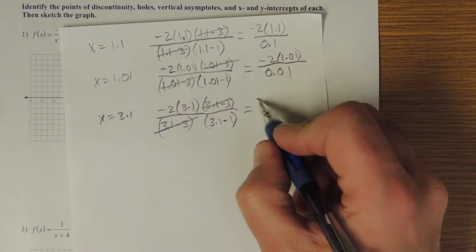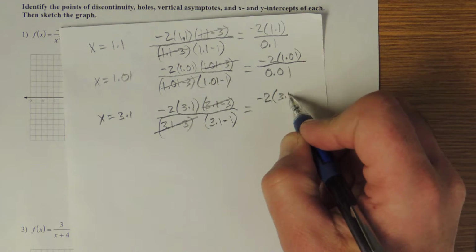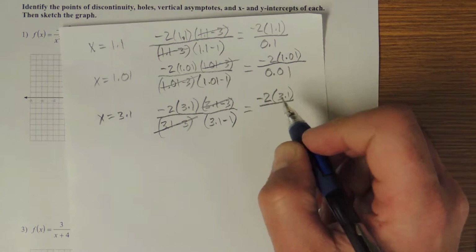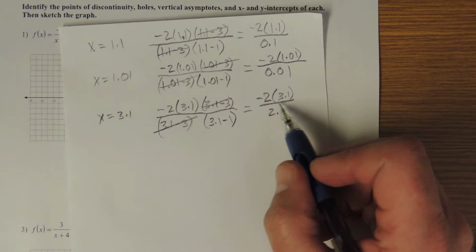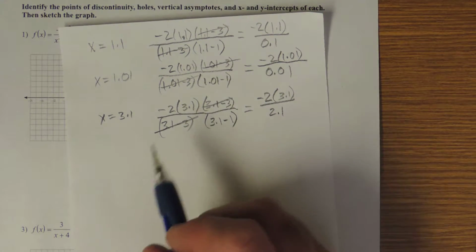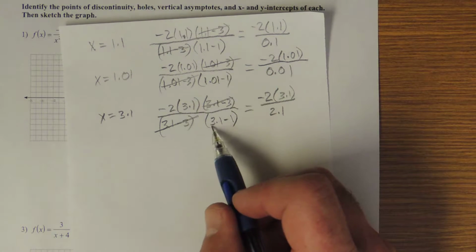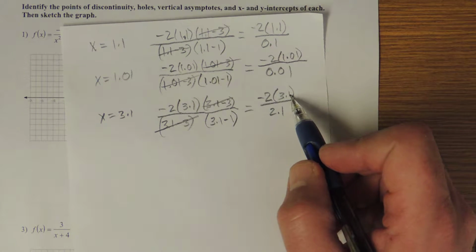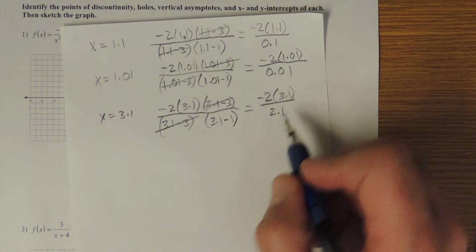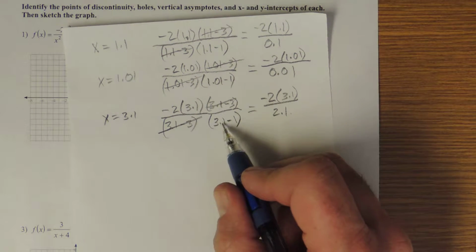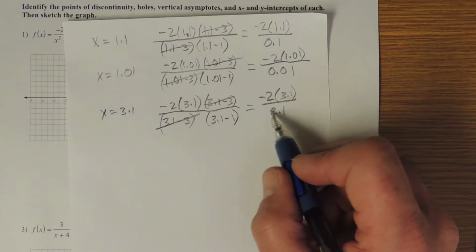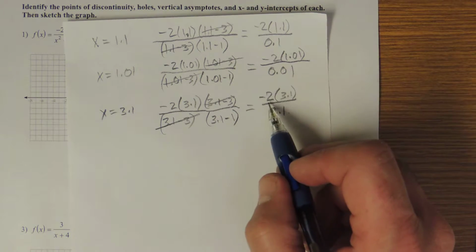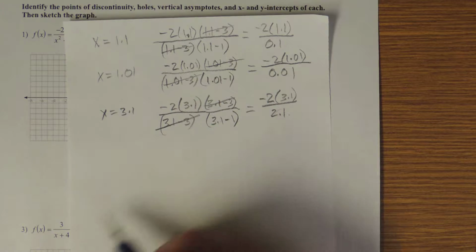So I get negative 2 times 3.1 divided by 2.1. I'm not getting closer and closer to 0. If I keep going, I get 3.01. I'll multiply by 3.01 here. I'll have 2.01 here. This is going to get closer and closer to 3. This is going to get closer and closer to 2. This is going to stay at negative 2.